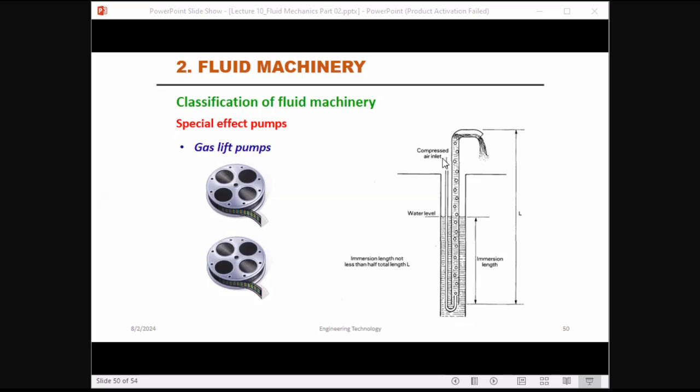Okay, compressed air inlet here, this line. Then gas is injected into the well using this pipeline.